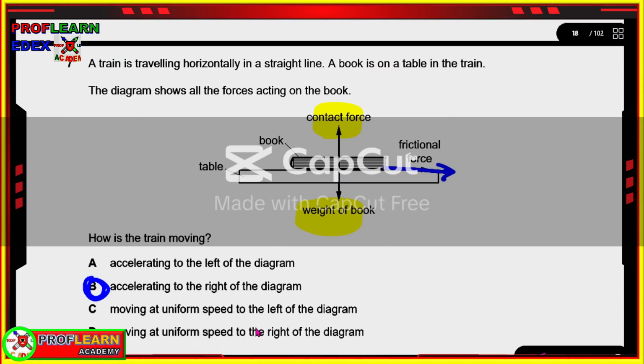Then a train is traveling on the horizontal, straight track. The book is on the table in the train. The diagram shows the forces acting on the book. The train is accelerating to the right.